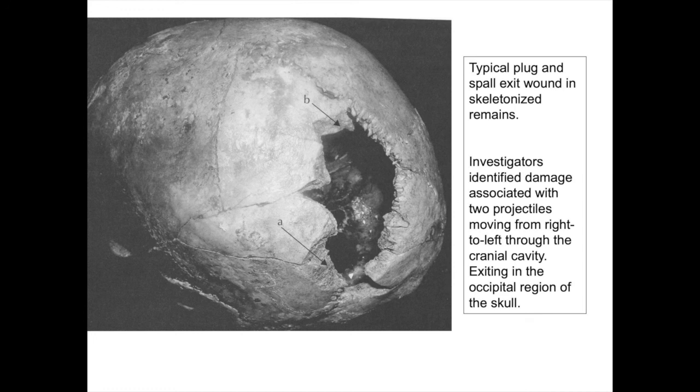But here we have a typical plug and spall exit wound as it relates to cranial bone. You can see in this case that the projectiles are leaving the skull. We have two projectiles, leaving the skull in a direction generally from right to left through the cranial cavity, and they're exiting in areas of suturing.